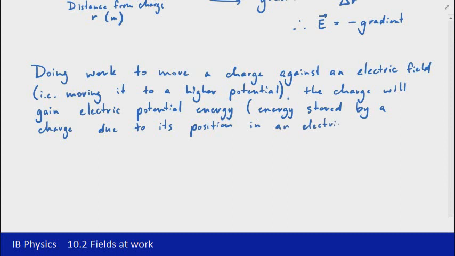So if we raise it to a higher potential, it means that if we let go of it, it could then start moving, and that electric potential energy would be converted into kinetic energy.